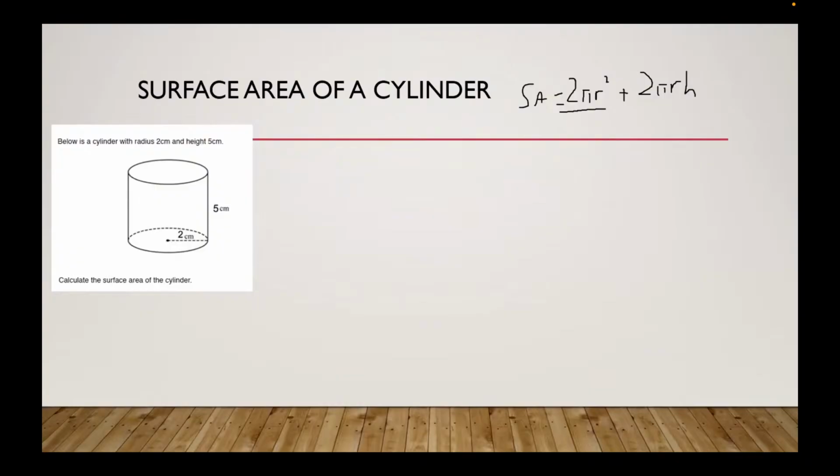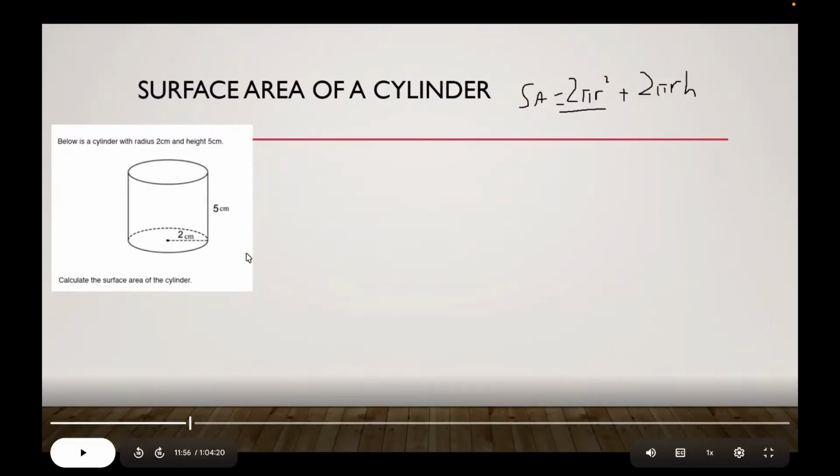Now how can we apply this? Well, quickly take a note and look at the formula 2 pi r squared. The letter r refers to the radius of the circle. It just so happens in my question I am given the radius. But you might not be lucky in your exam where they provide you the radius, because they might provide you with the diameter instead.